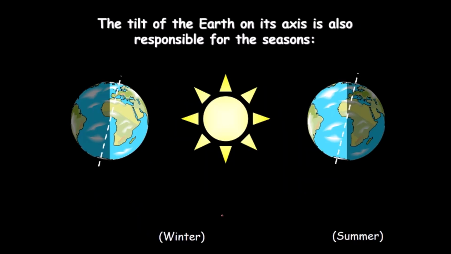So the tilt of the Earth on its axis gives us the seasons, all right? So this is just an example that I've come up with. If we were to say this side was experiencing winter, what date would it be? June 21st, let's say, because June is found in what season? Winter.